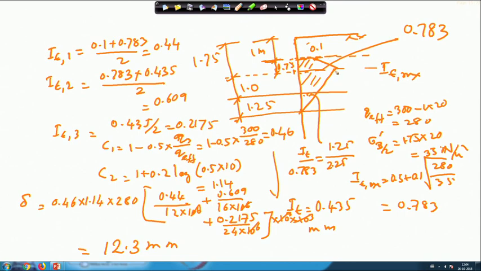Then I E max, actually there is an expression for that. Actually we have I E max equal to 0.5 plus 0.1 under root Q effective by sigma b by 2 dash. So, for that Q effective I have calculated, sigma b by 2 effective I calculated, and using this expression I have got the I maximum.